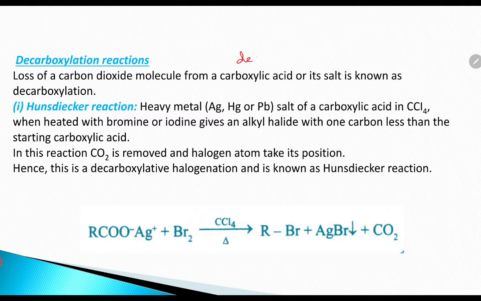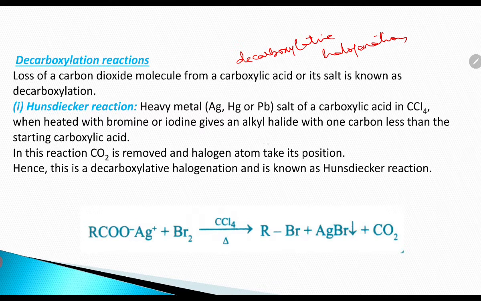Therefore, it is called decarboxylative halogenation. That is, halogenation takes place and decarboxylation takes place. Let us see what this Hunsdiecker reaction is.